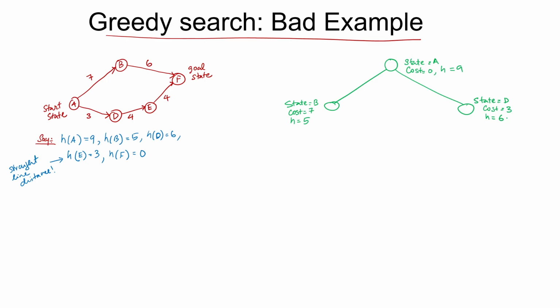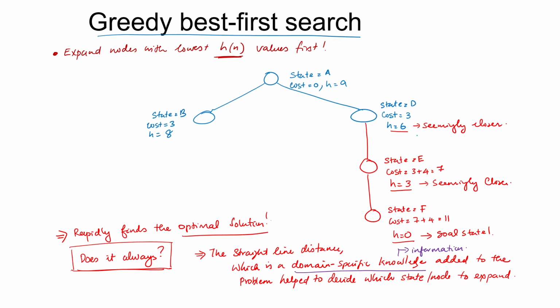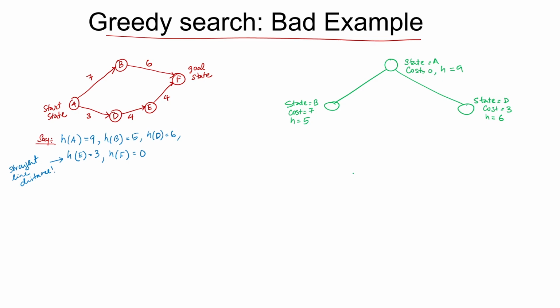Now, if you remember yesterday's example, we will branch on the smaller value, which is the seemingly closer one. The seemingly closer one is H equal to 5, my bad. So, this is the seemingly closer.